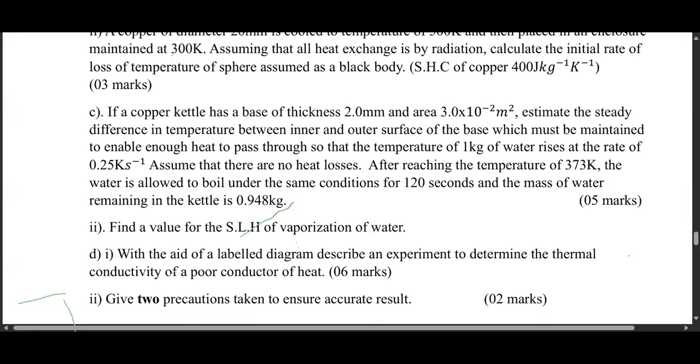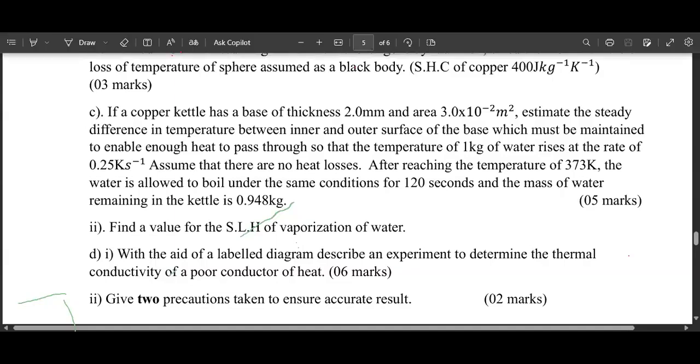That is part C. I want us to go through part C, and I think we may end here for the interest of time.